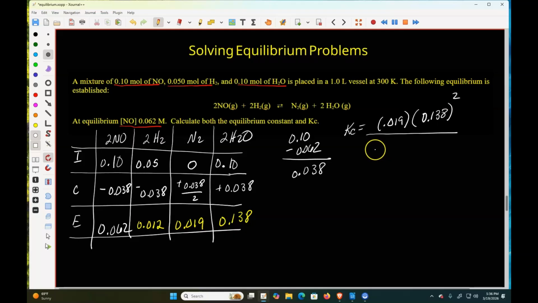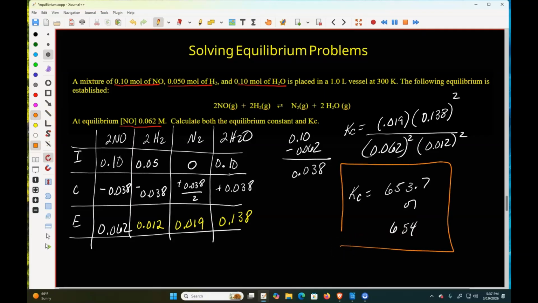The NO will be 0.062 raised to the second power and 0.012 raised to the second power. All right, so my Kc here will be 653.7, or we'll just round it to 654. That would be my Kc value.